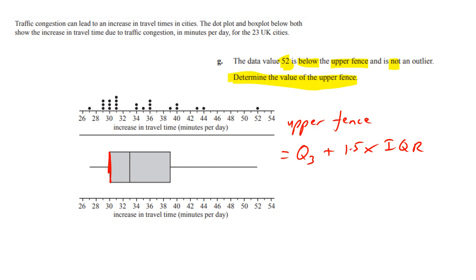Now, you should know this distance is IQR, because that's Q1, that is Q3. So the IQR, you can see going from 30 to 39, so the IQR is 9, Q3 is 39, so if you do all that, you should get 52.5, and that's your answer.